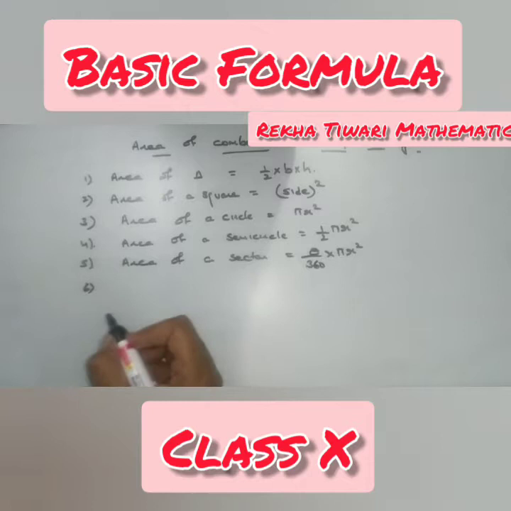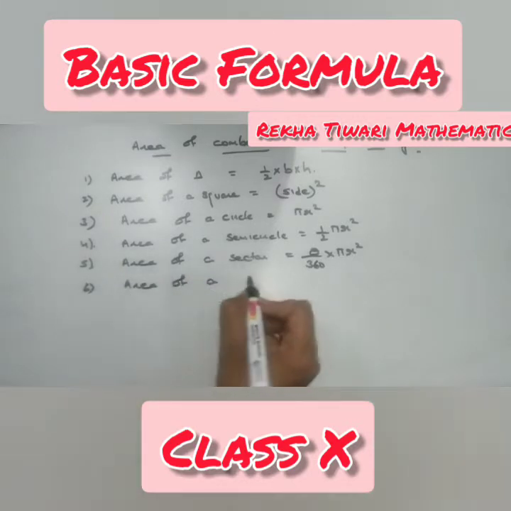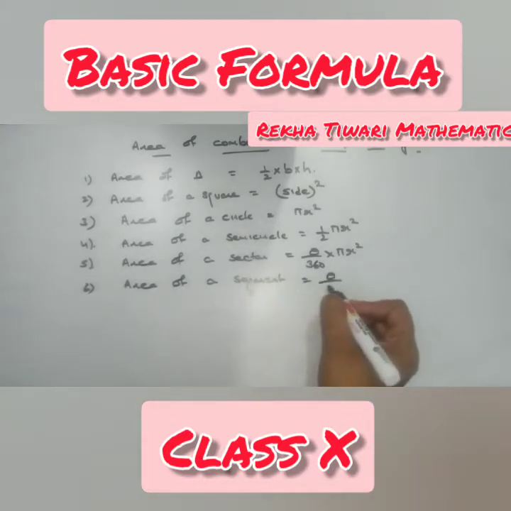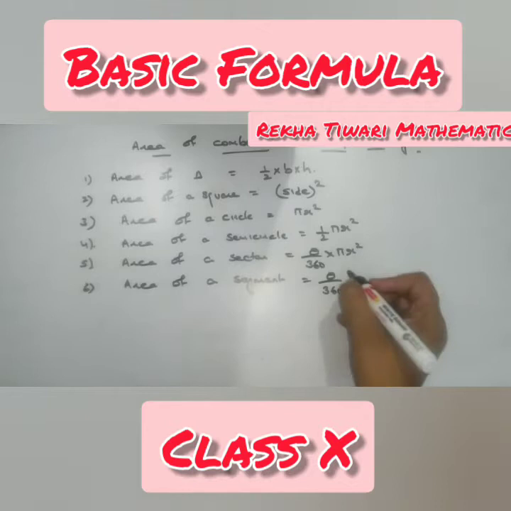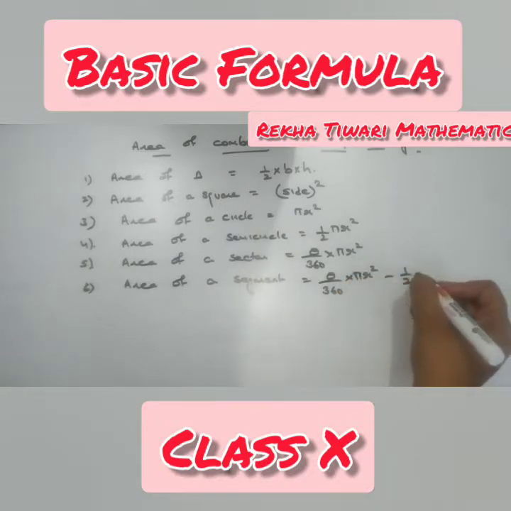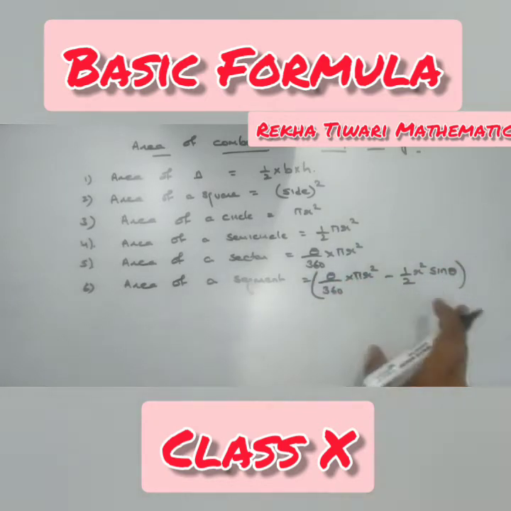Then area of a segment, which is equal to theta by 360 into pi r square minus half r square sine theta. That is area of sector minus area of triangle. So if you know these formulas, you will be able to do exercise 12.3. So let's start exercise 12.3.